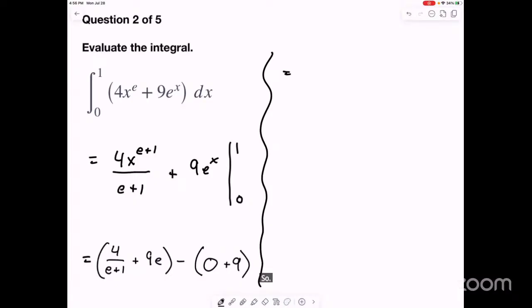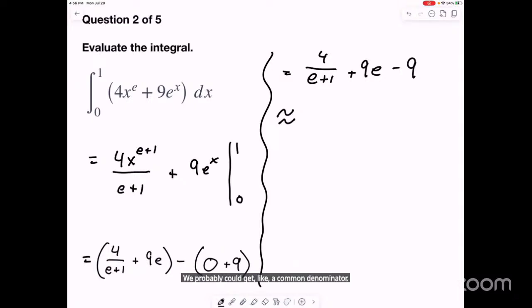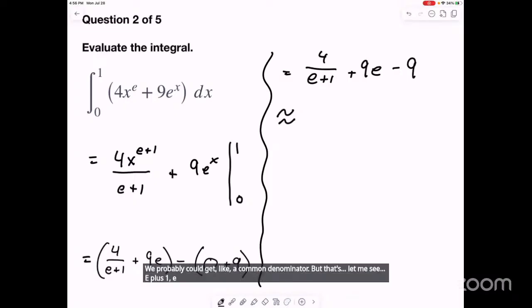So like an exact answer, 4 over e plus 1 plus 9e minus 9. And then for an approximation, I'm just going to put that in the calculator. We probably could get a common denominator. But let me see. e plus 1, e plus 1. Okay, let's just simplify this. Let's get an exact answer, and then we'll get an approximation.